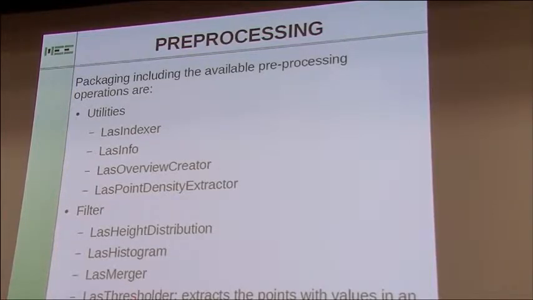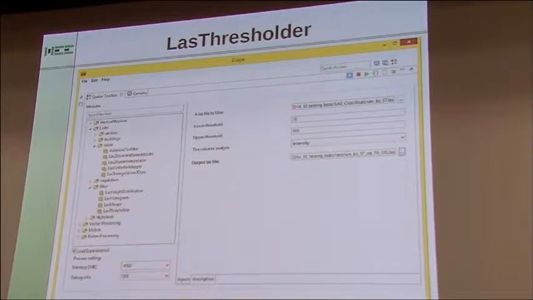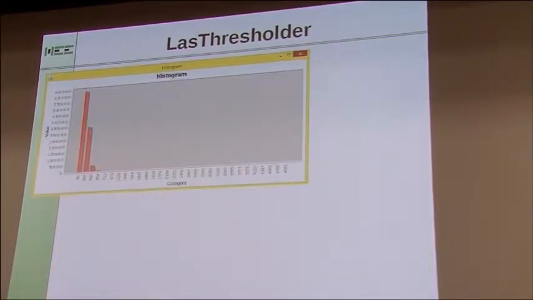And then a LAS thresholder. It extracts the points with values in an interval, and you can put the lower threshold and the upper threshold, and then you can choose if you want to work on intensity or elevation. And okay, the result we will see as histogram. This is the histogram of the intensity of an entire LAS.